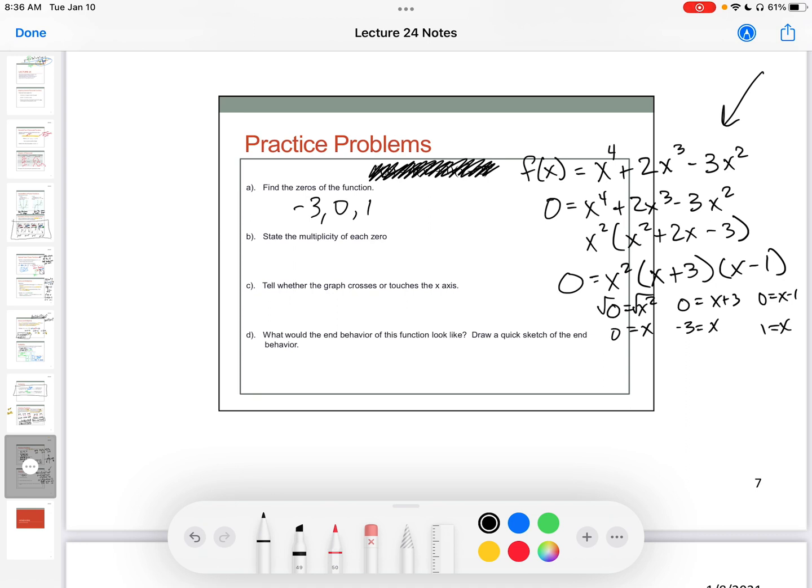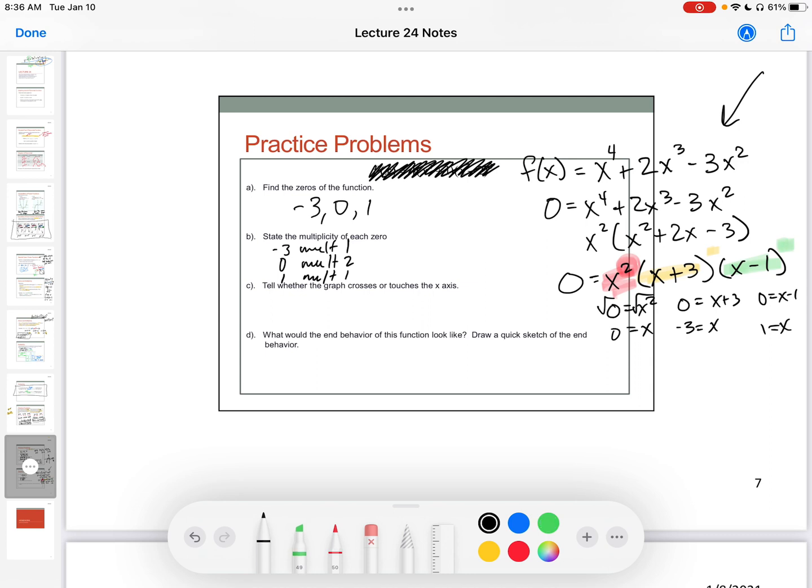What is the multiplicity of each of these zeros? Negative 3 has a multiplicity of 1. Next, 0 was right here, and that has a multiplicity of 2. And then the last one is 1, which has a multiplicity of 1.